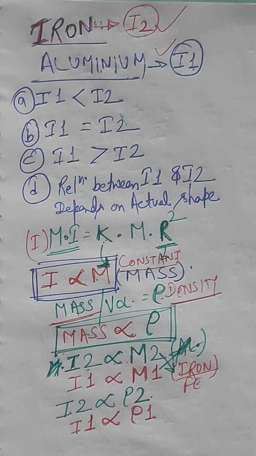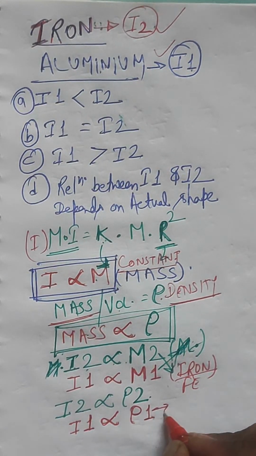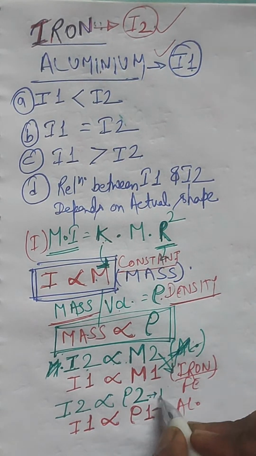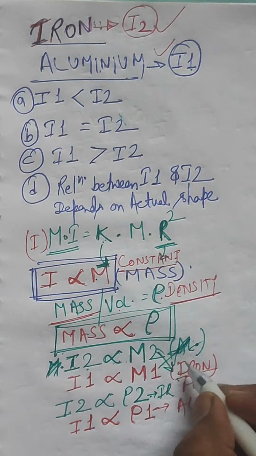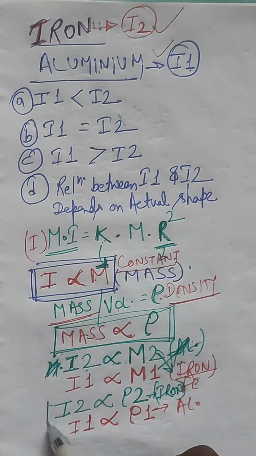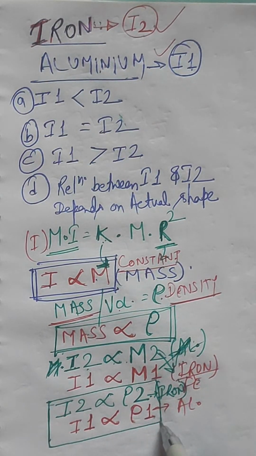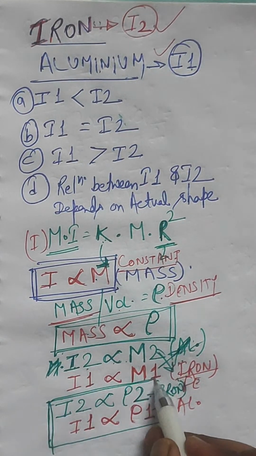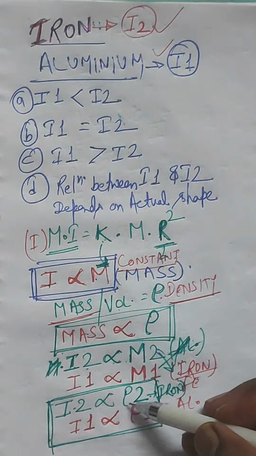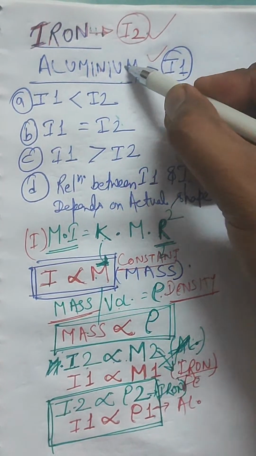So the moment of inertia is directly proportional to the respective density, and the density of iron is always greater than the density of aluminum.